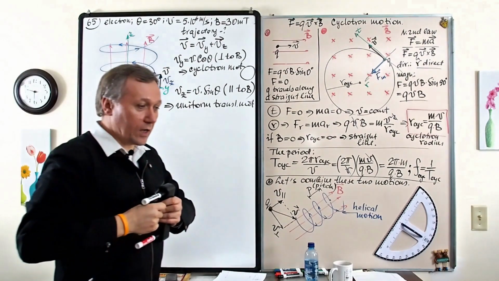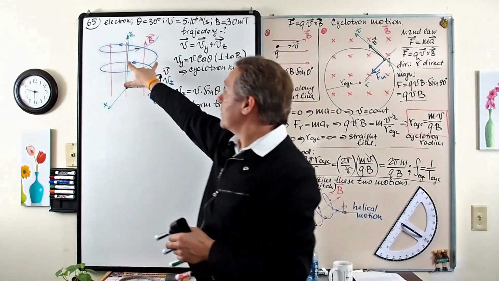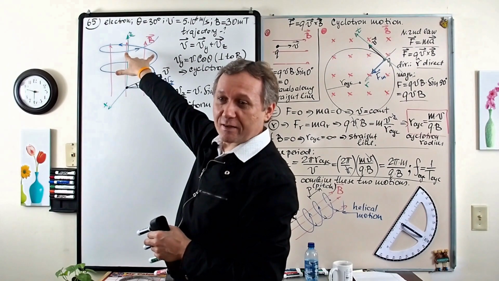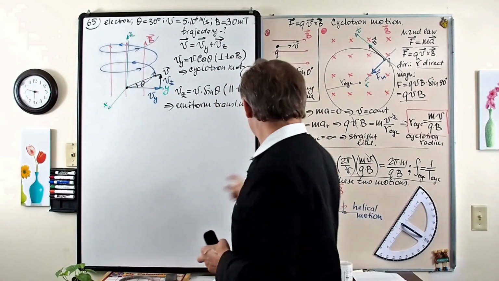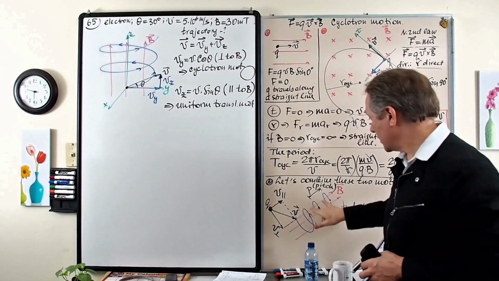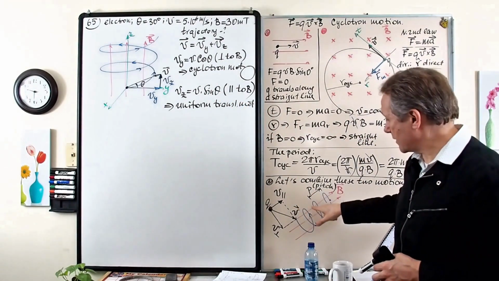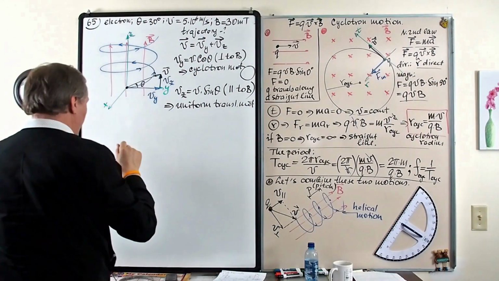Okay, and now I can write what needs to be found. So we need to find the radius of this helical motion, or the radius of the cyclotron motion, basically, right? And we need to find the pitch, which I mentioned over here, right? It's the distance between this point and that point. So that's what we need to find.